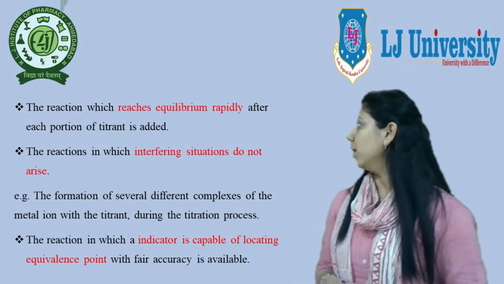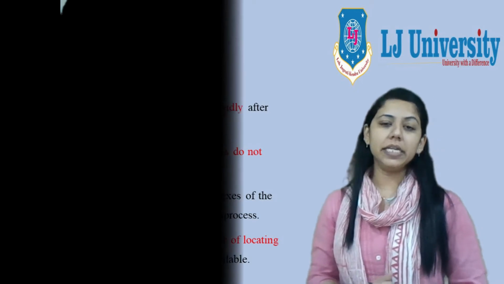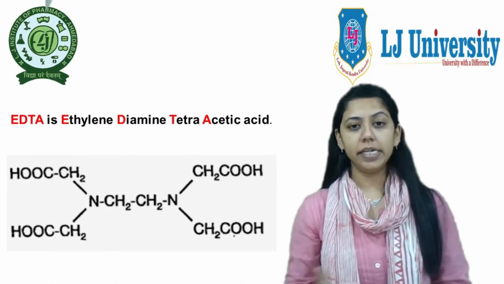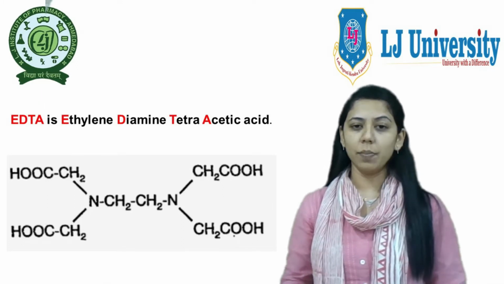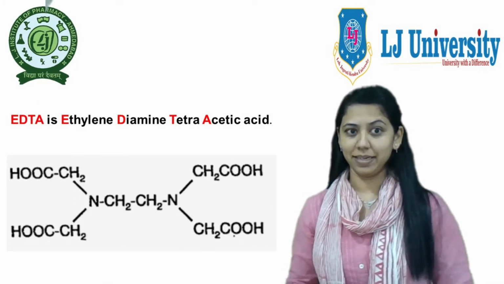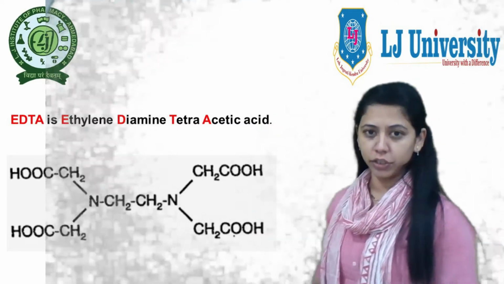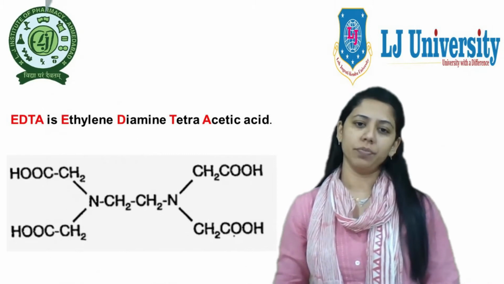So let us look in detail at EDTA. This is the structure of EDTA. EDTA means ethylene diamine tetraacetic acid. Here you can see it has 4 carboxylic acid functional groups with 2 amino groups.